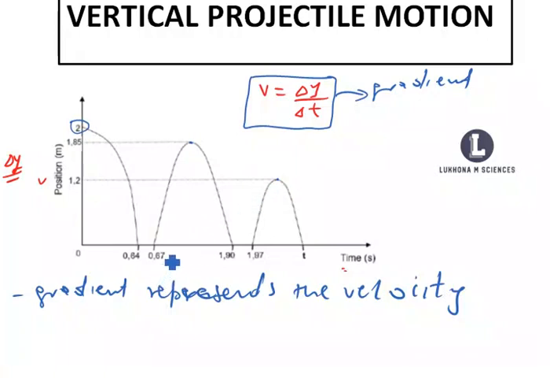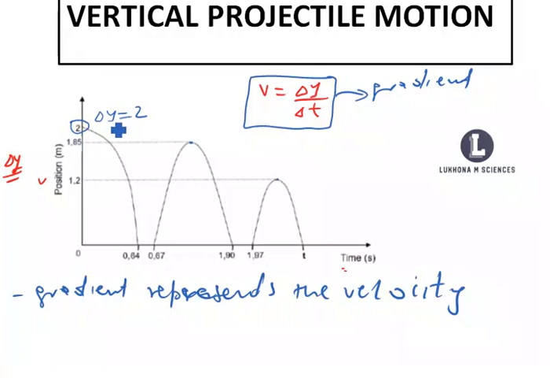Now if we want the velocity, the initial velocity, for example we have delta y here. Looking at this line, this is our delta y, which is equal to 2. This is the starting point.